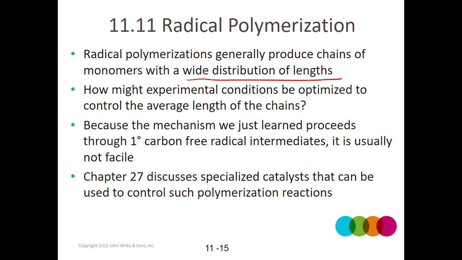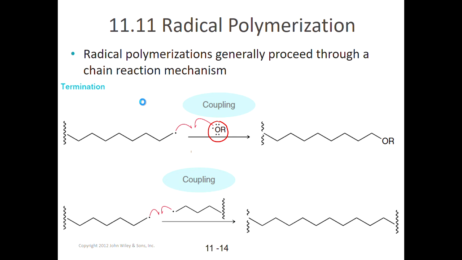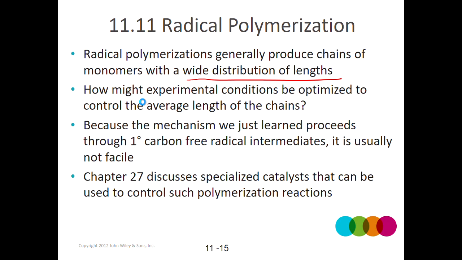On average, as long as all my monomer gets incorporated into one chain or another, I should have this average length controlled by the monomer to initiator ratio. But each individual chain length is going to depend on when it terminates, how many monomers were added before it terminated.